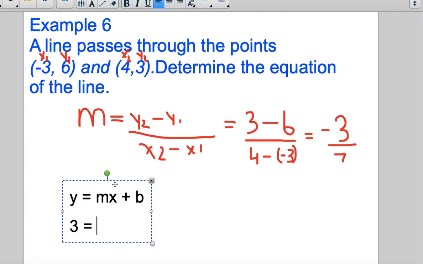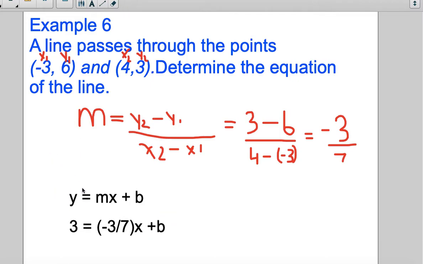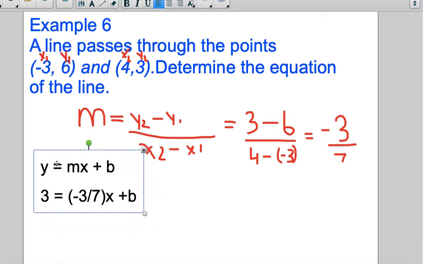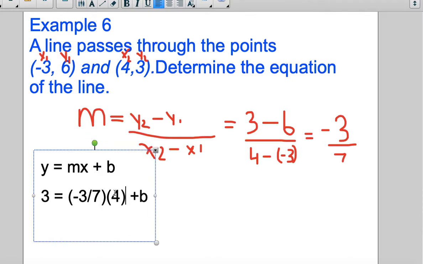My slope is -3/7 x. And then we don't know what the b value is. We need to actually replace the x value with the value here.